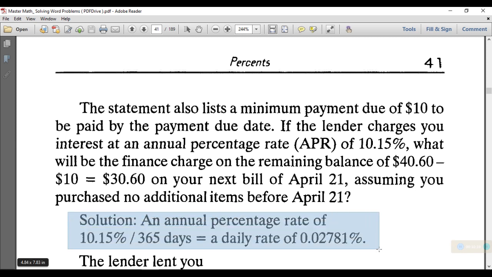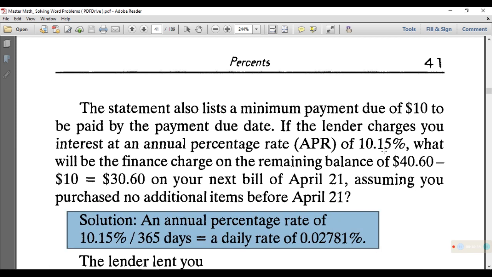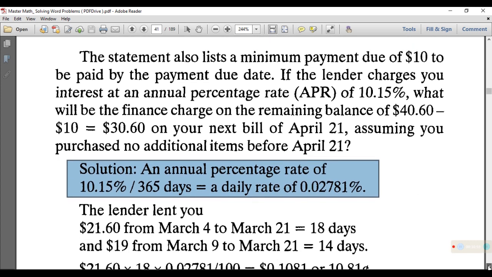You have to take note that 10.15 is for the whole year. But, ang problem lang natin ay yung for the month of April. So, we have 10.15%. Magkano yung daily rate of interest niya? 0.02781%.